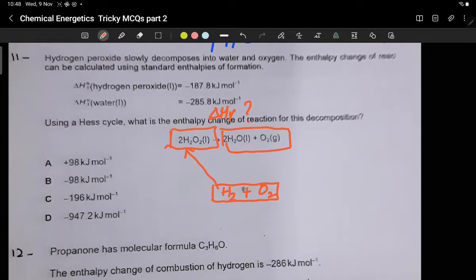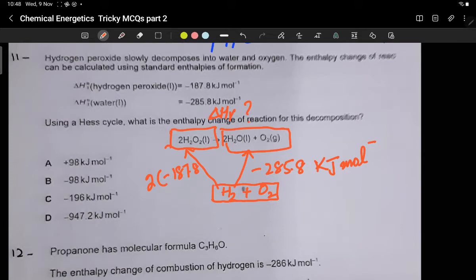Enthalpy change of formation of hydrogen peroxide is minus 187.8, and water is minus 285.8 kilojoule mole inverse.